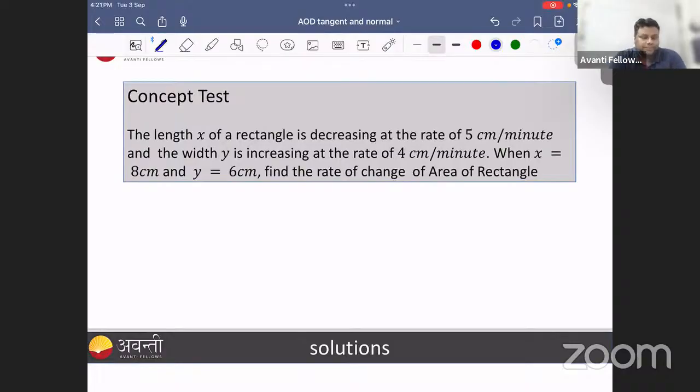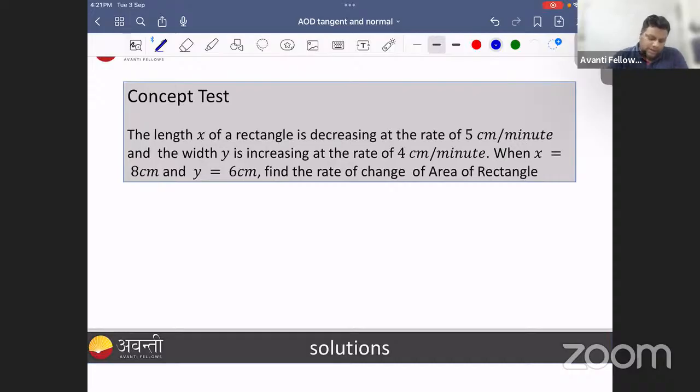Yes, anybody? Two centimeters square. All right, anybody else?